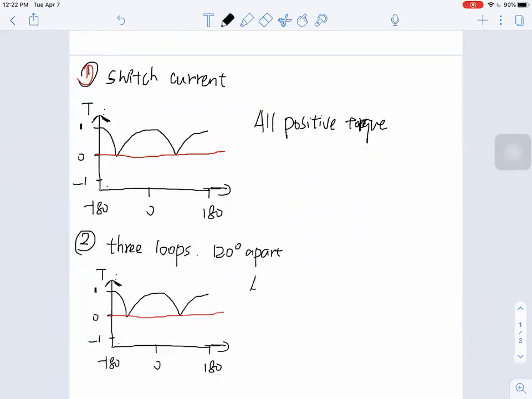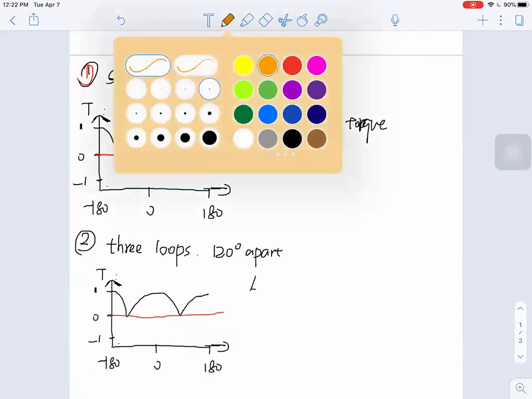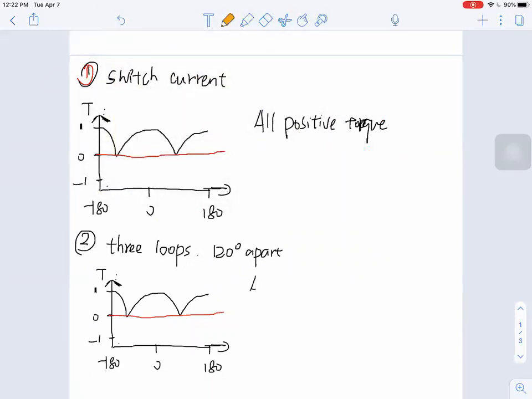But now we have 3 different loops. I will use 3 different colors, and they're 120 degrees apart from each other. So it's going to look something like this. The second loop is going to generate a torque plot that looks like this.